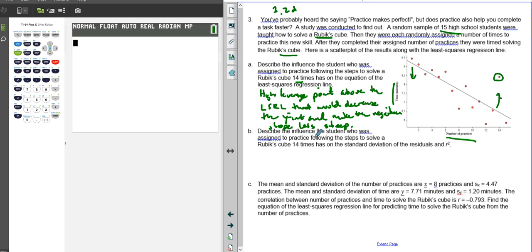Now, describe the influence that practicing 14 times has on the standard deviation of the residuals and R squared.